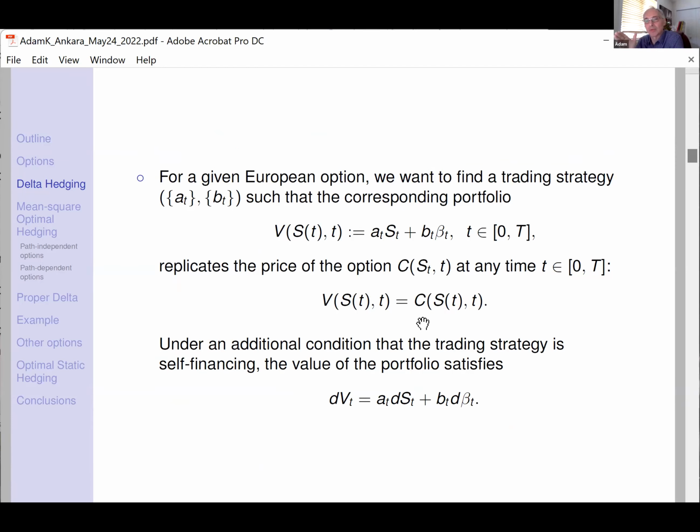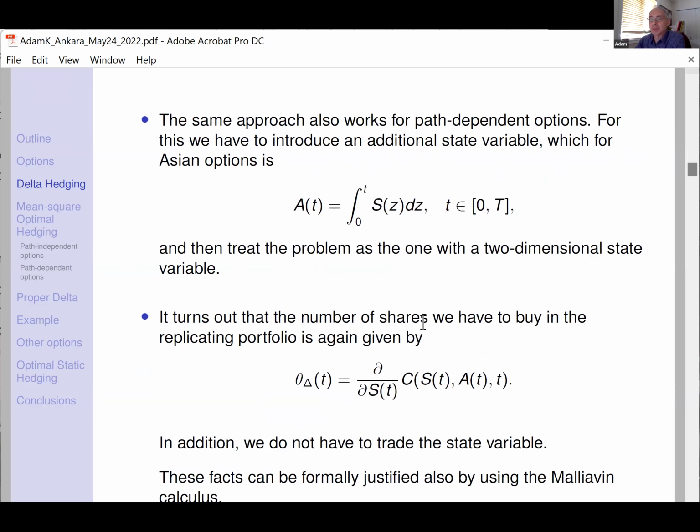So this is a Markovian setup. If I have a path-dependent component, the price of this component depends on the history. So this means I have to add this additional component as a state variable. I increase the dimension of the problem by 1, but I'm back into a Markovian setup.